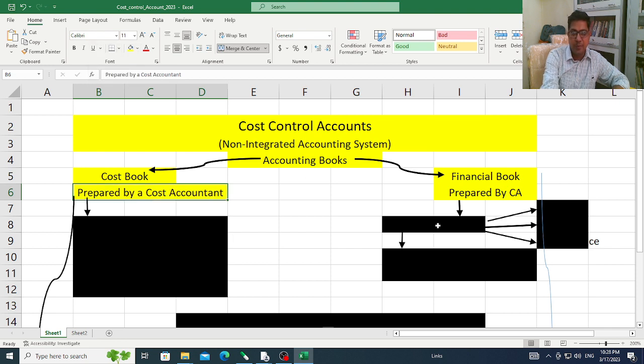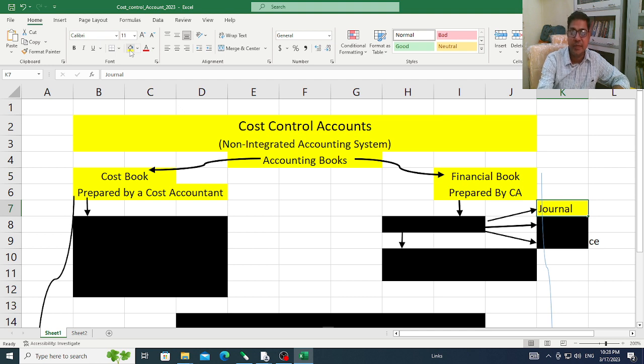Now, whenever we talk about financial books, in those we prepare journal entries, we pass the journal entries, and after passing them we post the journal entries into the relevant ledgers. On the basis of the ledgers' closing balances, we prepare the trial balance.